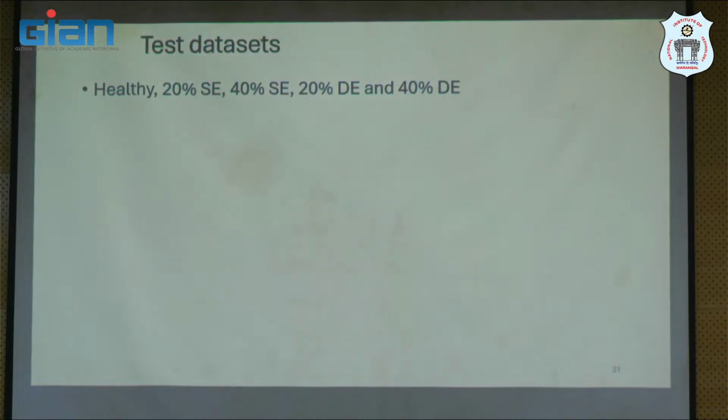The only thing I want you to be aware of is that the healthy might not be at no load condition. It might be at full load condition. It's just to give a difference from the training data set. So let us assume all of these are for full load operating condition, whereas the training data was generated for no load operating condition.